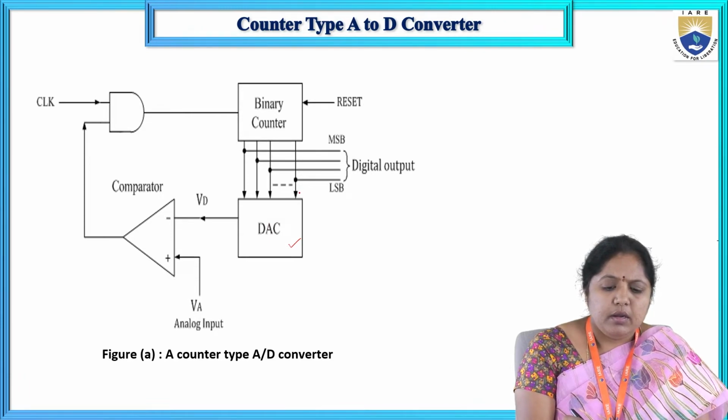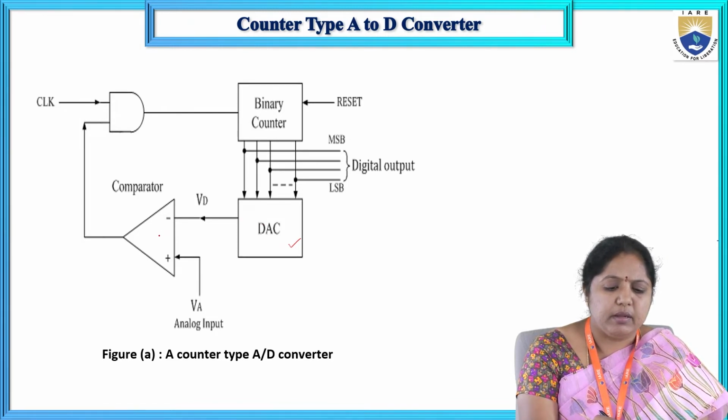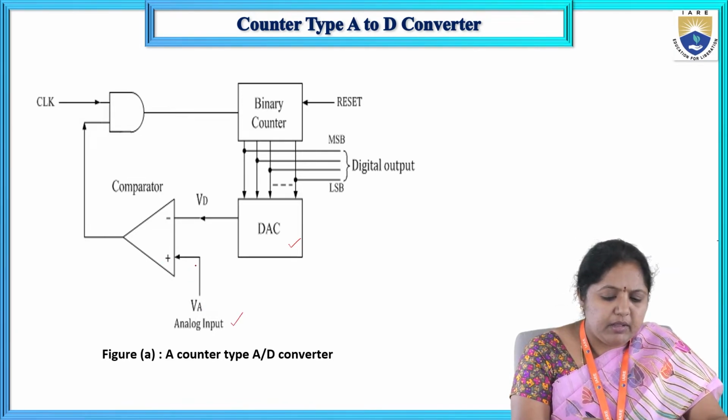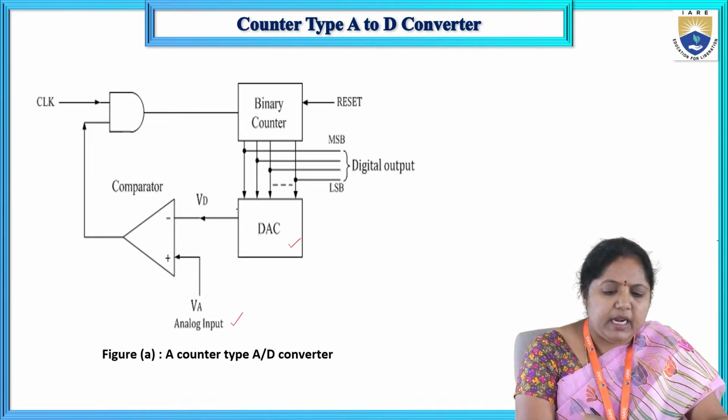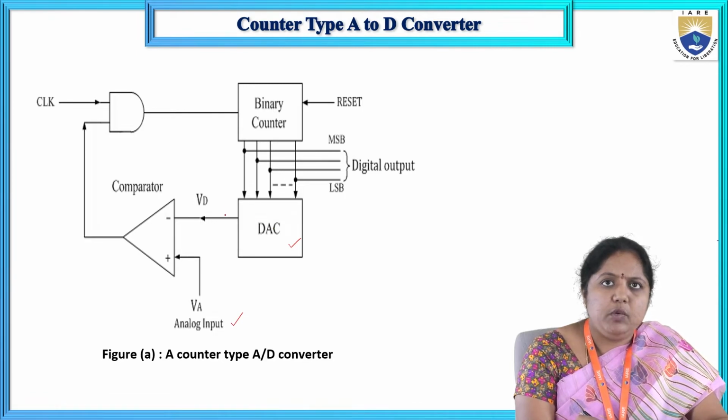For the comparator, I am giving the analog output as an input. One input of the comparator is the analog input signal, and the other input of the comparator is the corresponding output of the D2A converter.